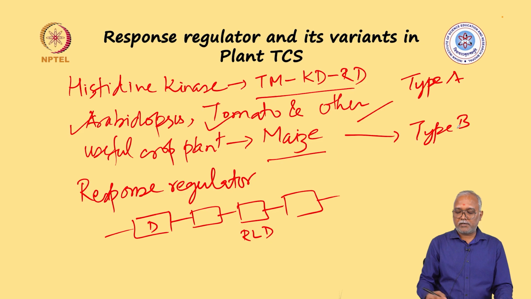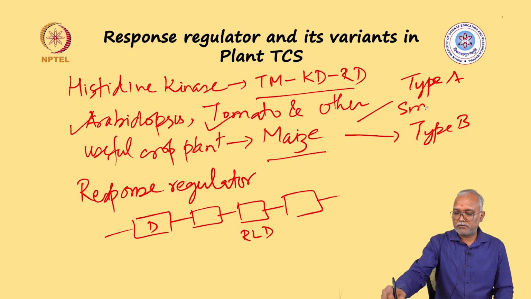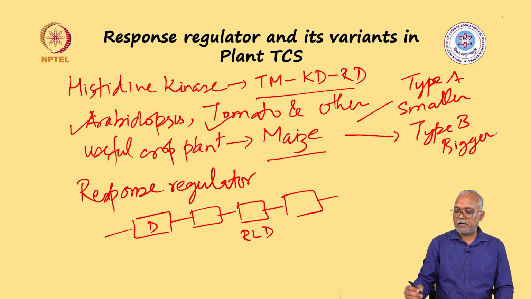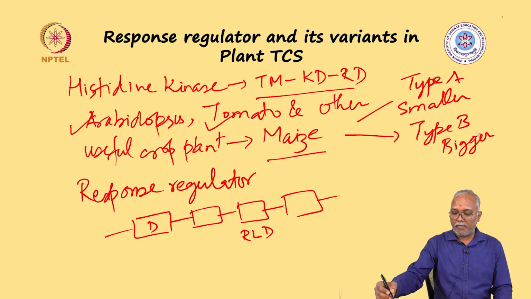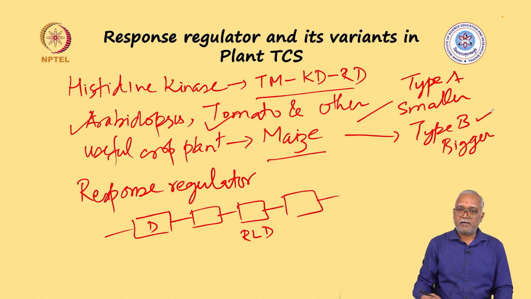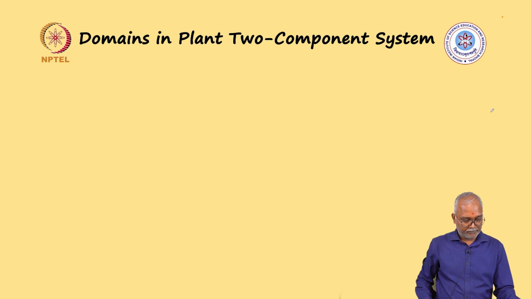Type A are generally smaller ones, and type B is the bigger one. Automatically it suggests that there are more additional domains in type B response regulators than in type A response regulators. By virtue of their size, they have different domains, and that's how they direct the signaling in a given direction.